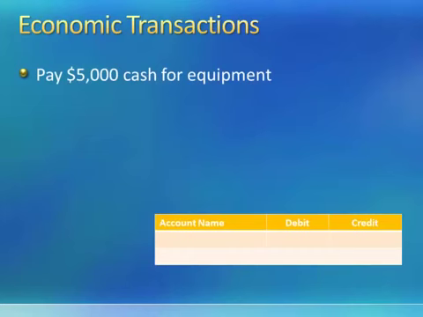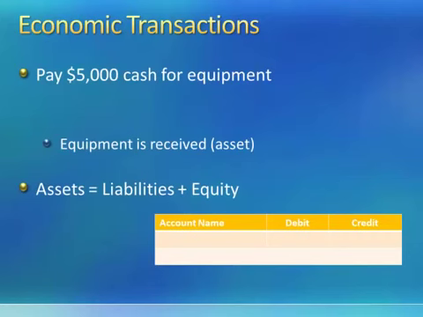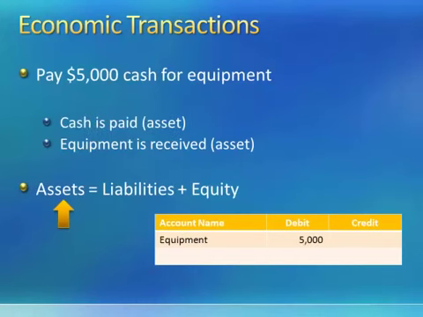Our next transaction is to pay $5,000 in cash for equipment. Equipment is received. Equipment is an asset, so we have an asset going up. We debit the asset account equipment for $5,000. We also have cash being paid. Cash is an asset.